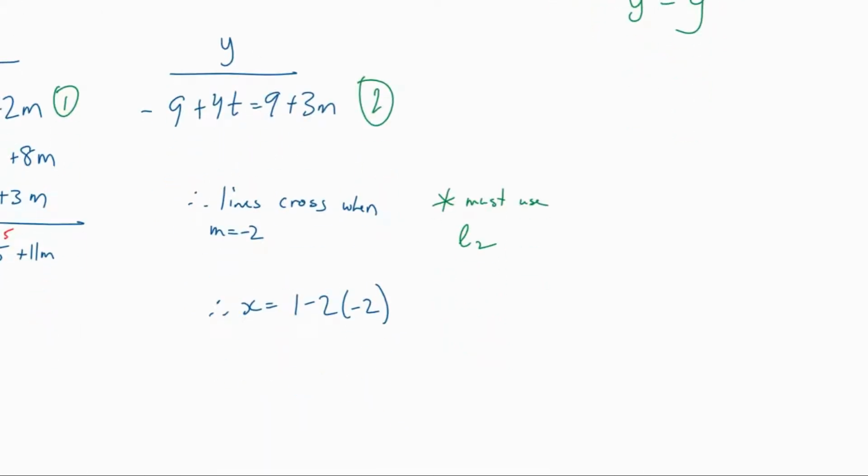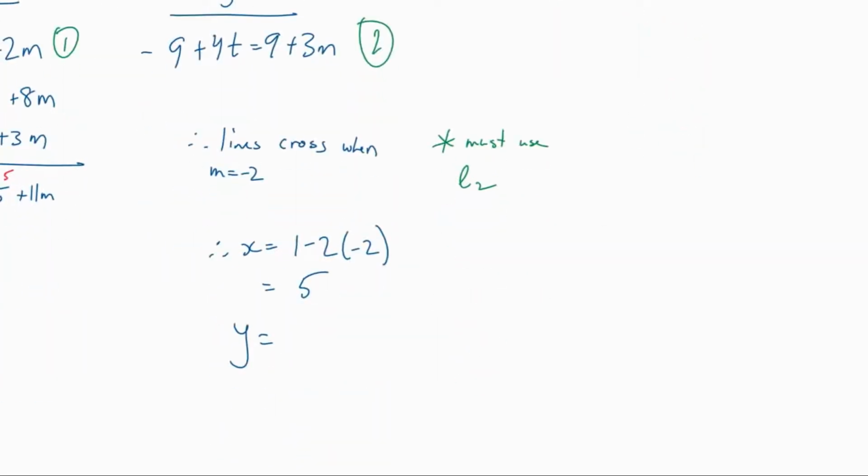So that's 1 plus 4, which is 5. And y is equal to 9 plus 3m. So 9 plus 3 times m, which is -2, which is 9 minus 6, which is 3. Okay? Therefore, line 1 and line 2 cross at one point, a single point.